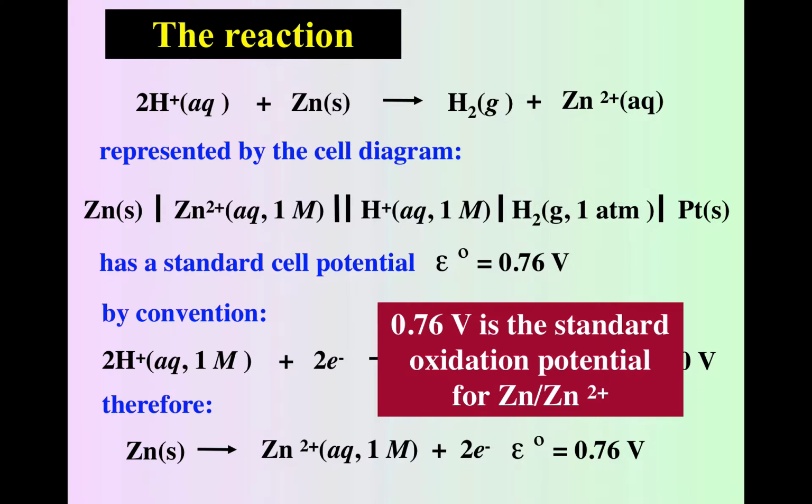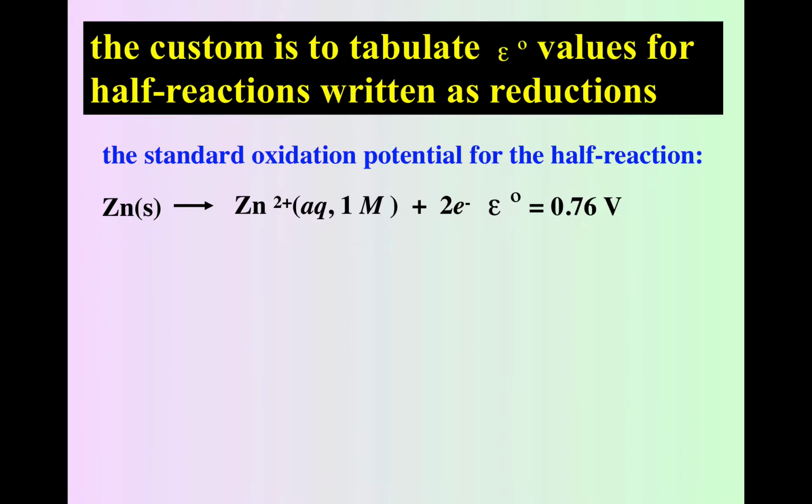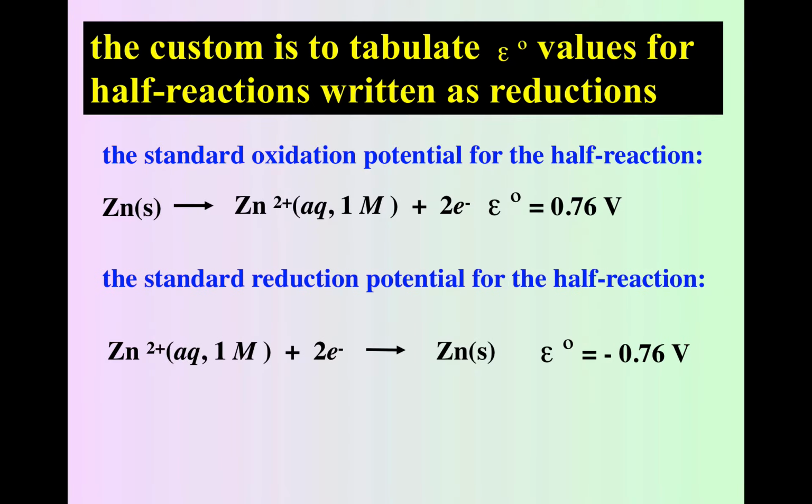So if we want to turn this into a reduction potential, we just turn it around. Zinc turning into zinc 2 plus ion at a 1 molar concentration generates 0.76 volts. Turning it around, zinc 2 plus taking electrons to become zinc would be negative 0.76 volts.